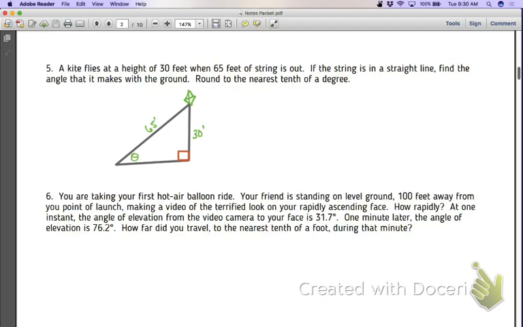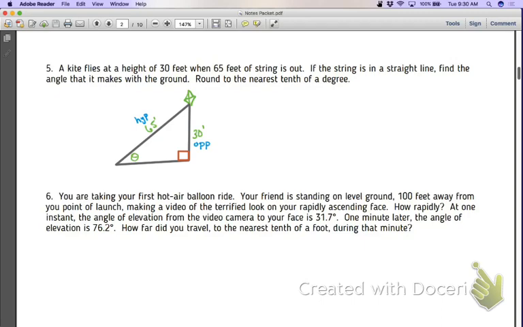Again, I would still write, what is everything? What is 30? Is 30 opposite, adjacent, or hypotenuse? It's opposite. What's the 65? It can't be opposite, so is it adjacent or is it hypotenuse? It's hypotenuse because it's across from the right angle. So then, we have to go with our right triangle trig.